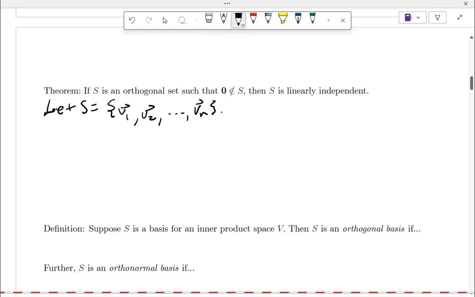A linear combination that gives us what? For linear independence, what linear combination in particular are we interested in? The one that gives us the 0 vector, right? All right, so let's suppose that we have that linear combination that gives me the 0 vector.